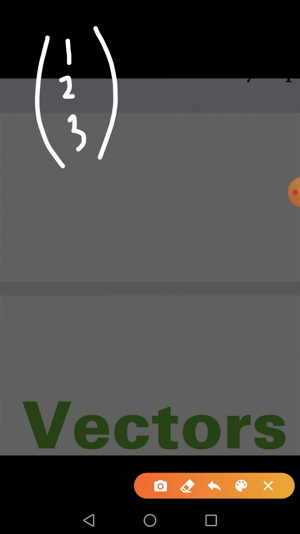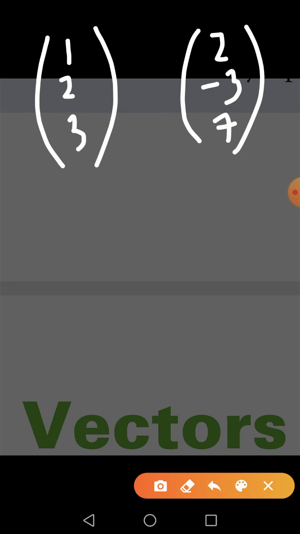Still, I have to show this example right now. For example, consider one point is 1, 2, 3 and another coordinate point is 2, -3, 7. Now you are asked to find the vector equation of the line that joins these 2 points.